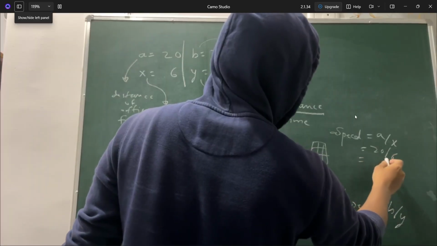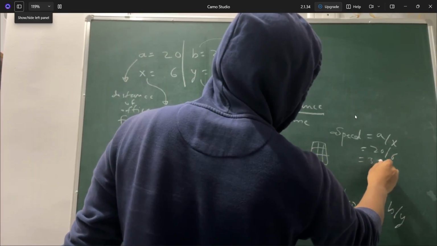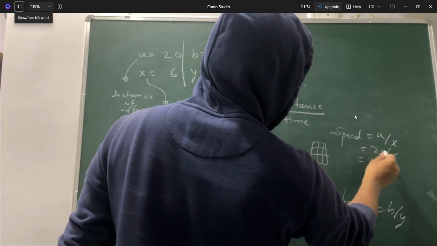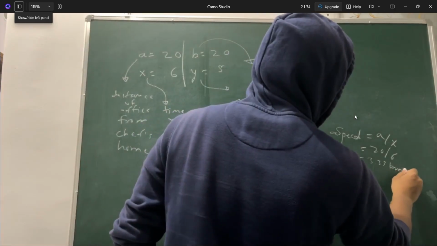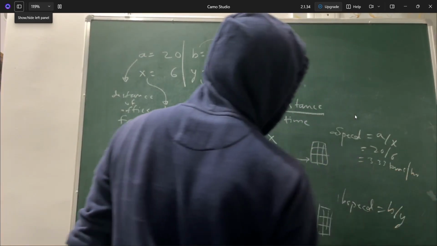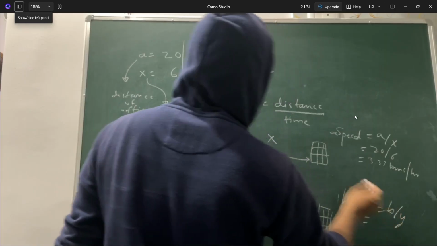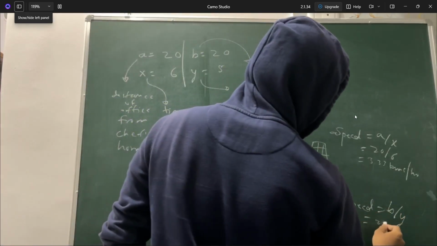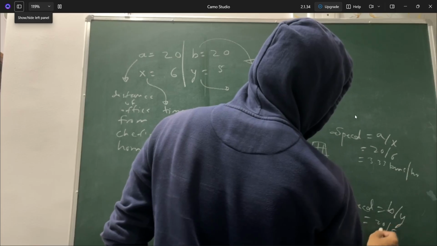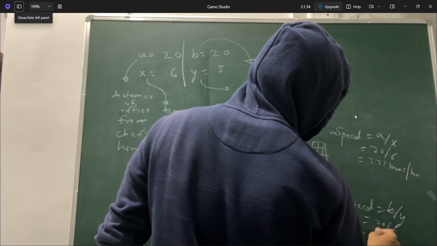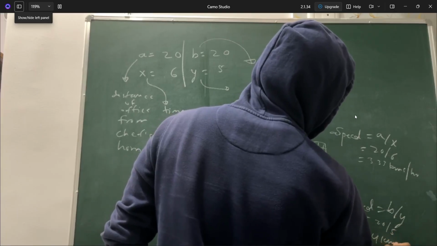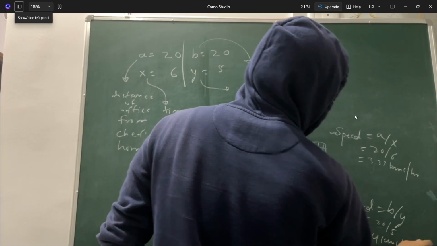If you divide, this comes out to be 3.33, like 10 by 3. So it is 3.33 kilometers per hour. And Bob's b is basically 20, and if you divide it by 5, that comes out to be 4 kilometers per hour.